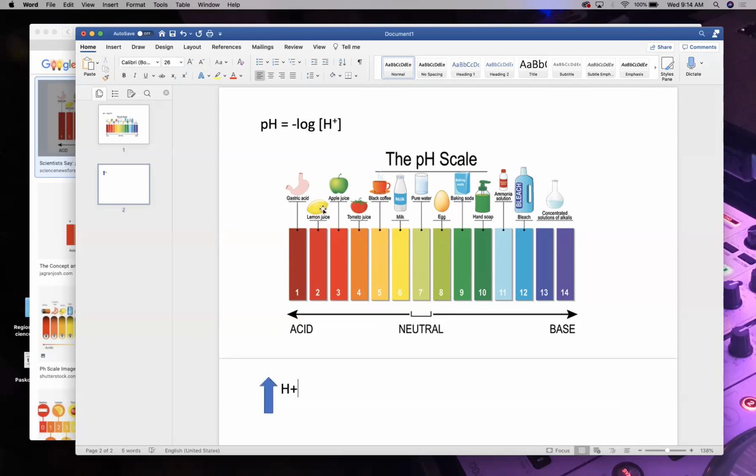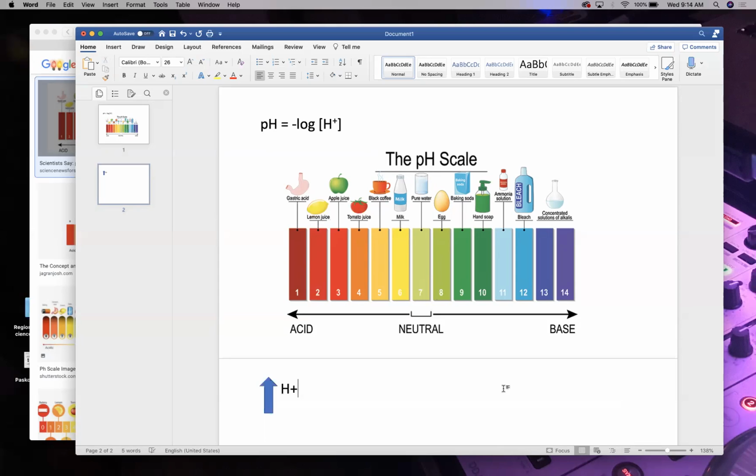But if I put lemon juice in your eye, and if I definitely put gastric acid on your skin, it's going to react. Because if you recall, in our first couple of lectures, we talked about how ions are highly reactive. So the closer it gets to 1 on the pH scale, so a pH of 1 is gastric acid. 2, 3, that's lemon juice, apple juice. So we need, as human beings, to be in the middle.